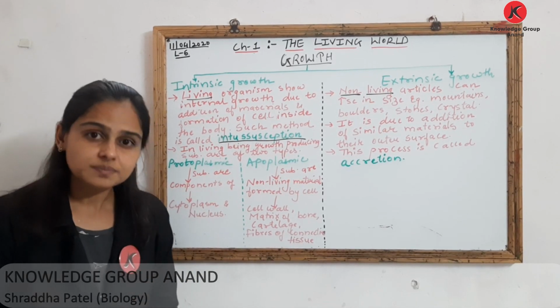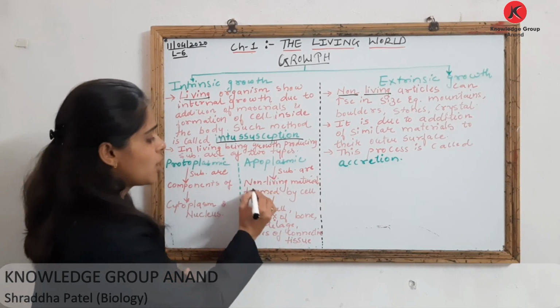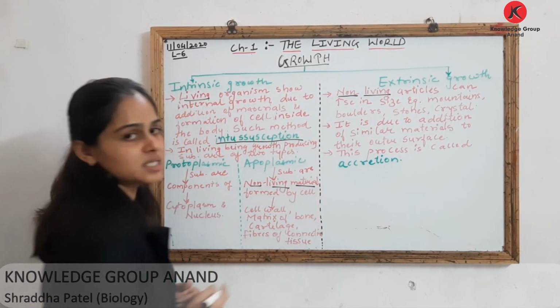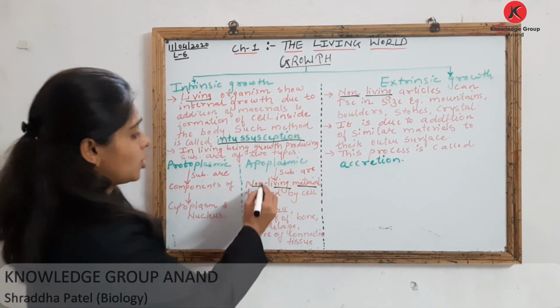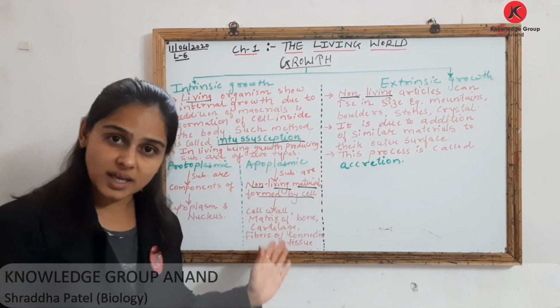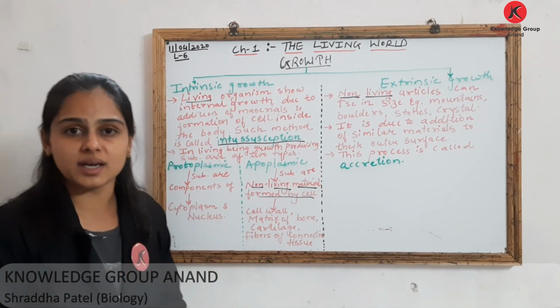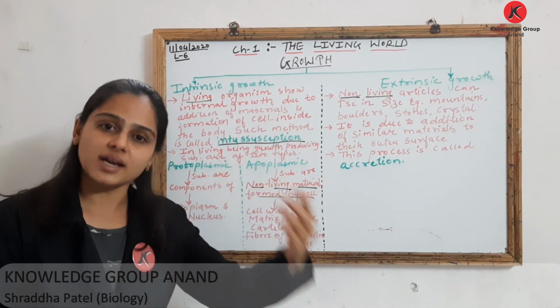Now look, these substances are responsible for forming non-living material. Okay, these are nothing but non-living material formed by cell. Like examples मैंने यहाँ पे mention करे हैं. Matrix of bone that we will understand later on.